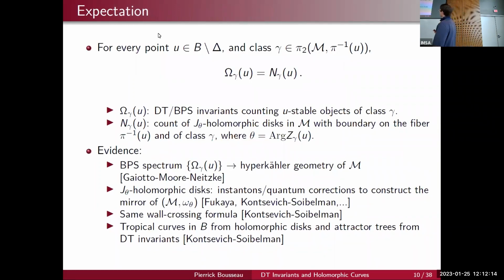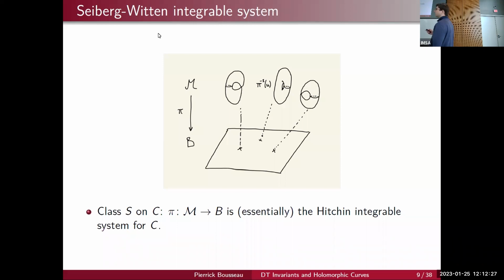And then omega gamma of u is the count of stable objects in the Calabi-Yau 3 category, the category of branes of the Calabi-Yau 3-fold, whereas the right-hand side is about counting holomorphic curves. Remark: we count holomorphic curves in the complex structure for which the torus fibers are special Lagrangians, for which it makes sense as a nice boundary condition for counting holomorphic curves, not the complex structure for which this fibration is holomorphic.